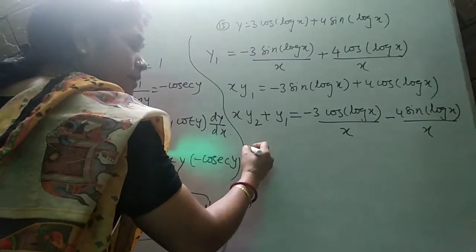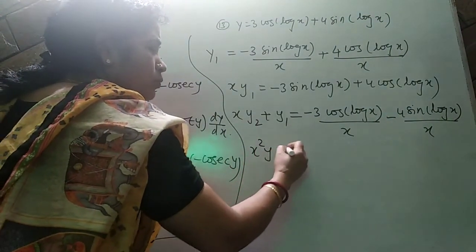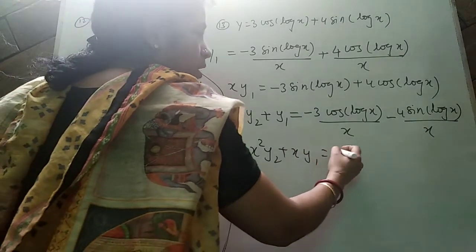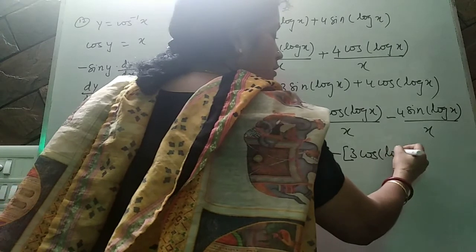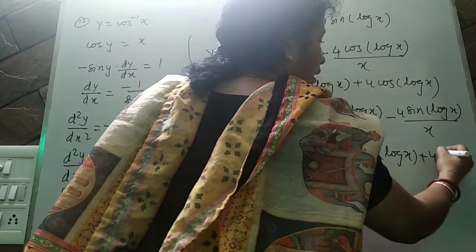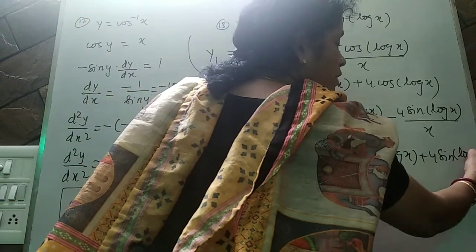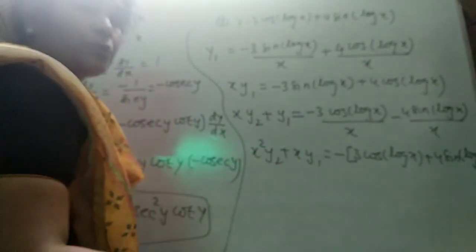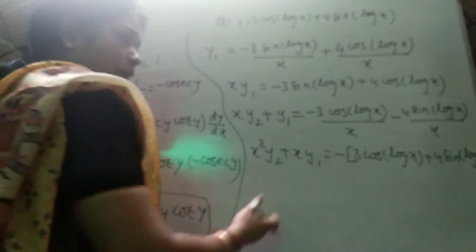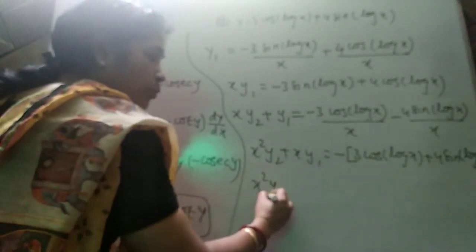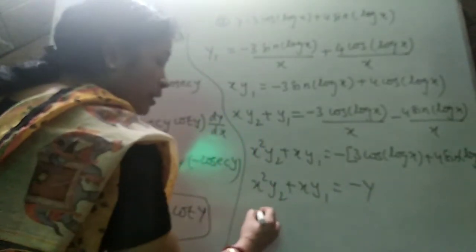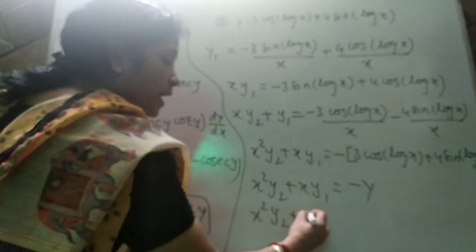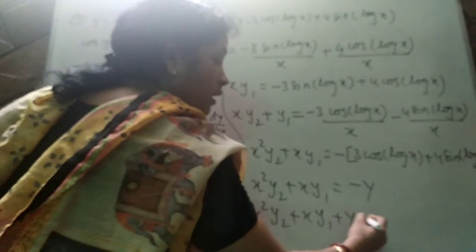Now again take x to this side, so x square y2 plus x into y1 is equal to, if I keep the minus, minus 3 cos of log x plus 4 sine log x. Beta, you can do this another way too: find y1, find y2, and substitute, but that makes very long terms. This is the very short way I'm doing here, plus x into y1. This I can write as minus y. So x square y2 plus x into y1 plus y equal to 0.